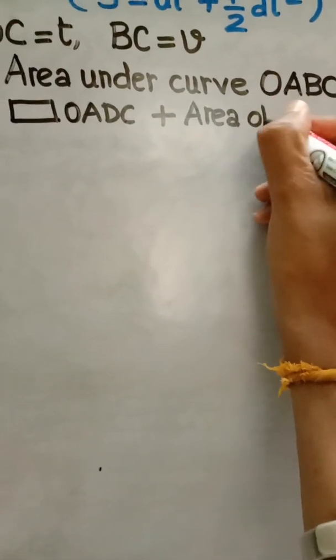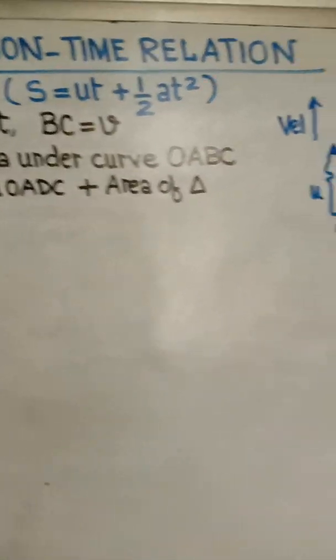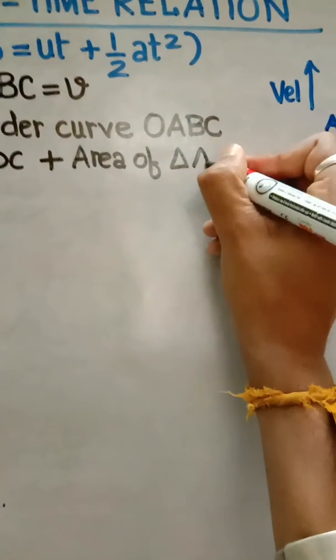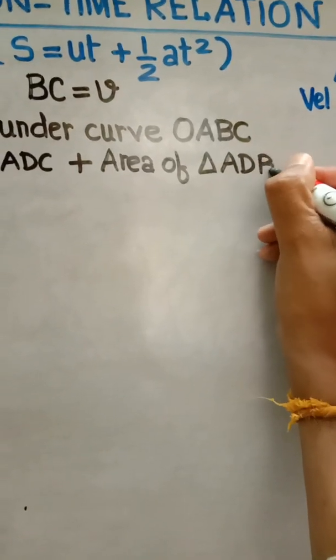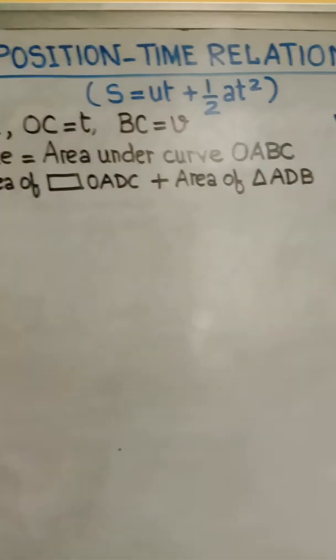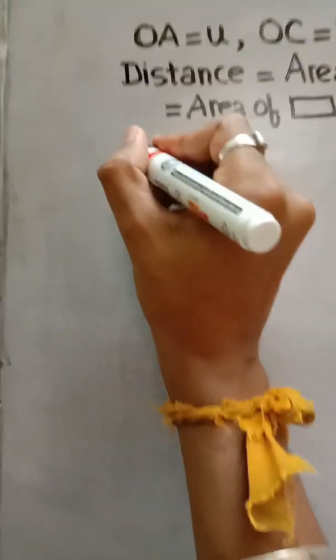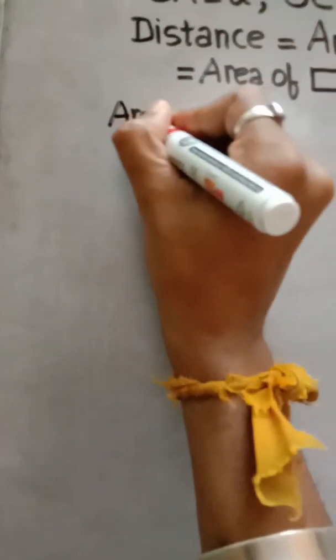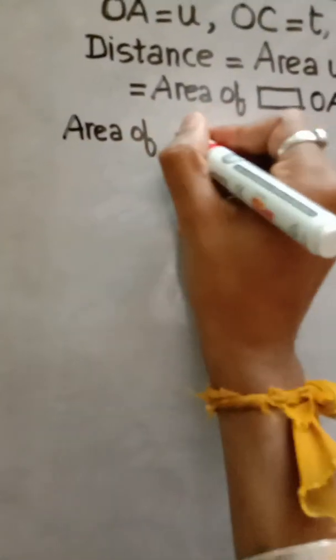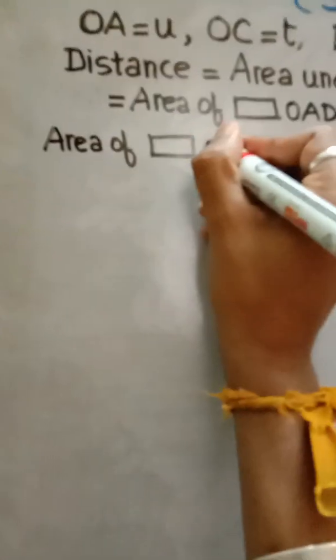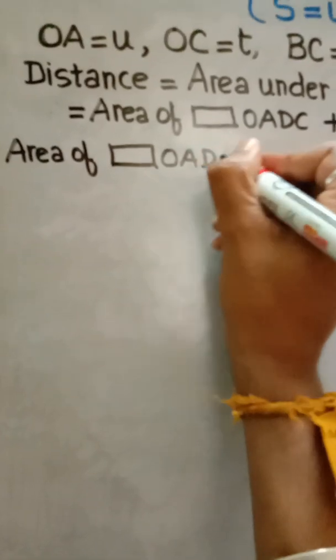plus area of triangle ADB. So you have to calculate the area of the rectangle first and then the triangle. So let us start with the rectangle. Area of rectangle OADC.